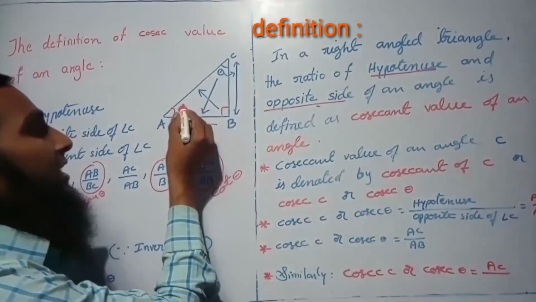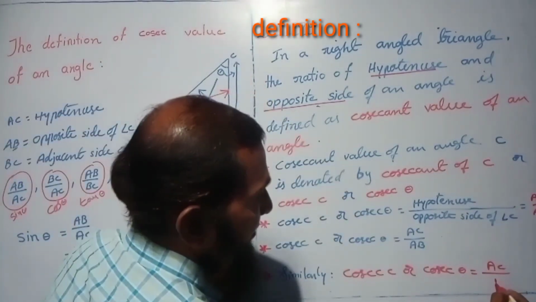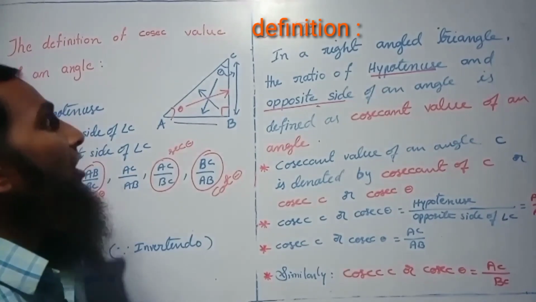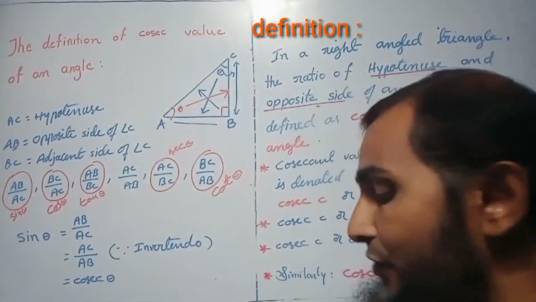Opposite side. What is the opposite side of theta? Theta opposite side is BC. So this is the definition of cosecant value of an angle or cosec value of an angle.